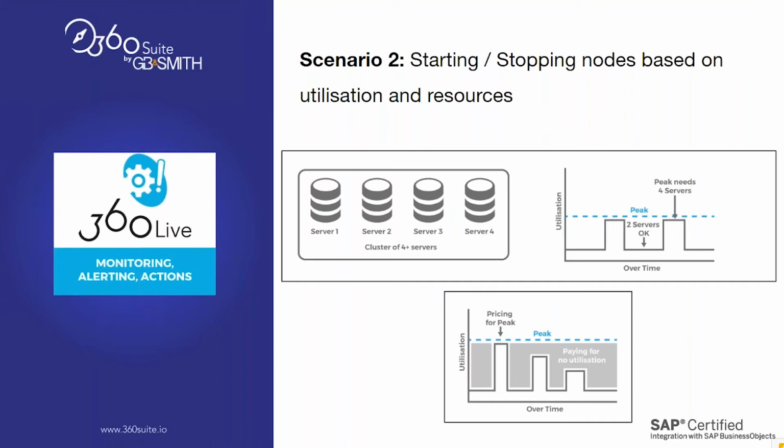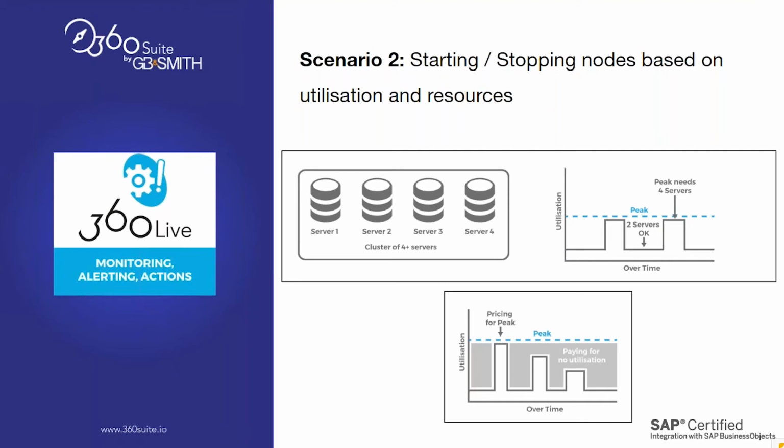The second scenario, for the bigger deployments, is for those of you with a lot of users and a lot of requests. So if we take this example here, you could have 4 servers. They're clustered because you know that at peak time, you will need these 4 servers to serve the hundreds of users and all the requests that they demand on the BusinessObjects environment.